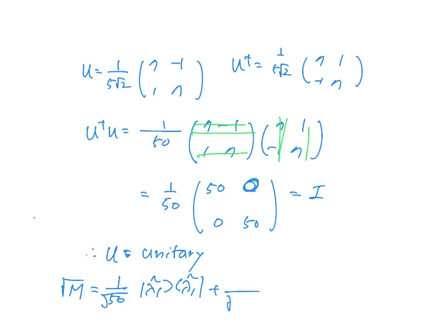Plus square root of 200, lambda 2 tilde, lambda 2 tilde. So we need to have information about the U, and so maybe next page. Time to make a copy.